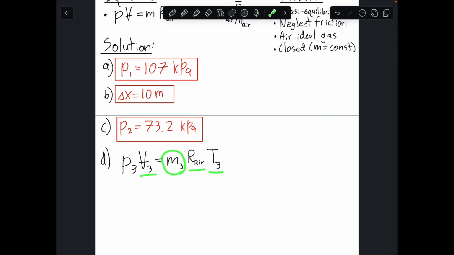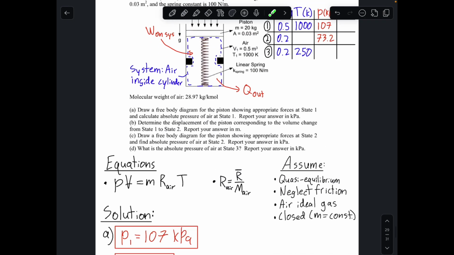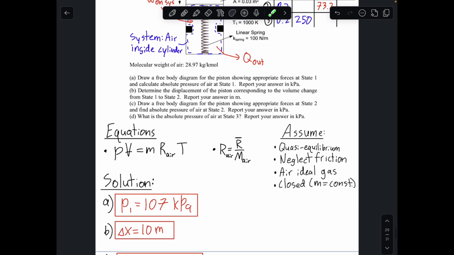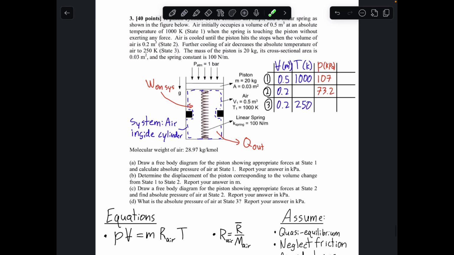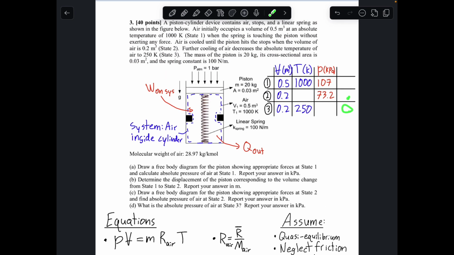But what about M3? We don't have any information about M3. Again, we need to look at our assumptions and see that we are assuming that this is a closed system. And in a closed system, mass is going to be constant. So the mass at state 3 should be the same as the mass at state 2 and the same as mass at state 1.